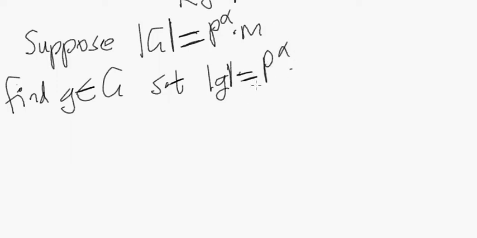So what strategies do we have for finding an element of the group whose order is p to the alpha? That's the question. Is there any reason why having a group of order p to the alpha times m will guarantee us an element of order p to the alpha? Again, we have a bunch of tools. For instance, the order of G.